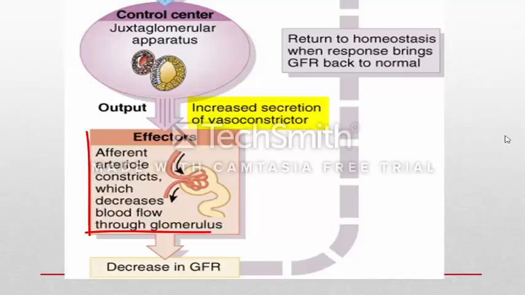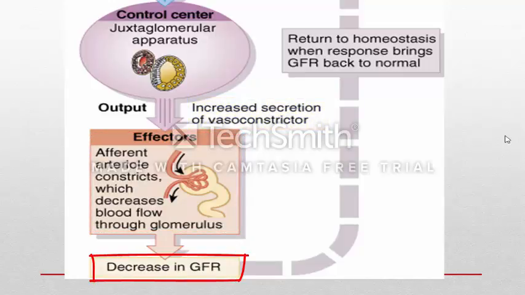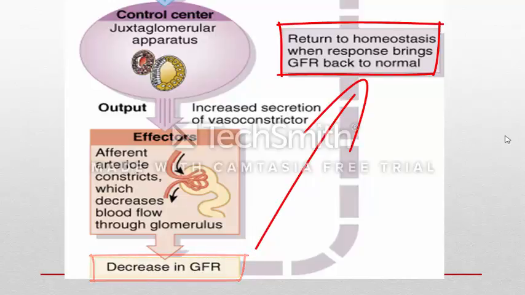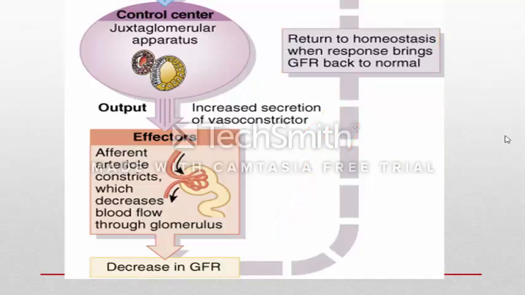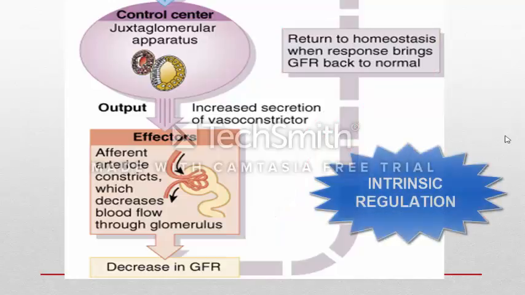This results in the afferent arteriole constricting, thus decreasing blood flow through the glomerulus. This causes a decrease in glomerular filtration rate, and there will be a return to homeostasis when the response brings glomerular filtration rate back to normal. This mechanism to regulate glomerular filtration rate is called intrinsic because it operates completely within the kidney.